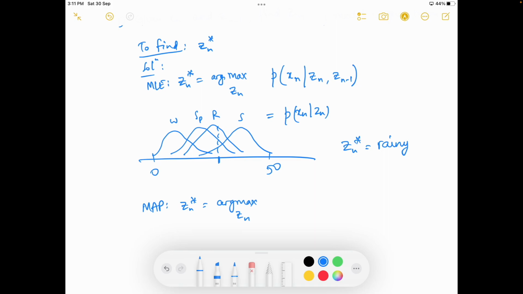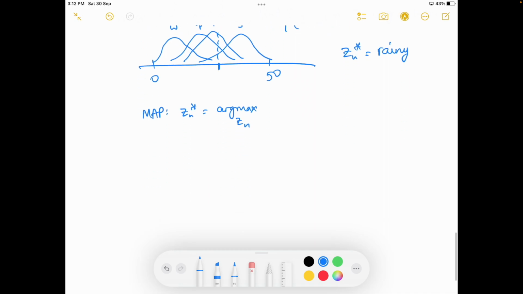What do I want to estimate here? Zn. So probability of Zn given everything else. I'm interested in Zn, so let me maximize the probability of Zn only, given Xn, Zn minus 1, whatever is given to me. Okay, so this is by definition.